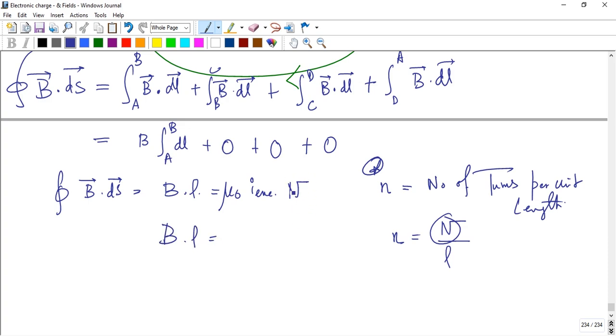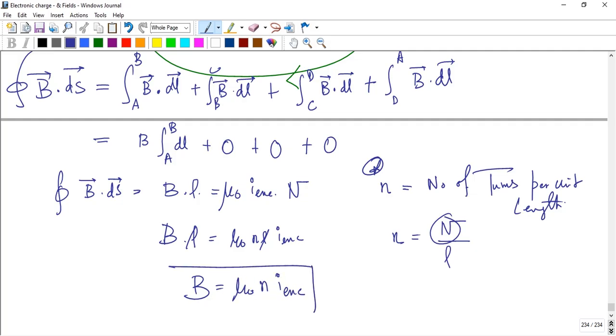Here n is the turns per unit length, so capital N is replaced by small n times L, giving mu 0 n L I enclosed. L cancels, so finally B equals mu 0 n I. That's the final expression of the magnetic field for a solenoid. It is a very important question for the board exam: the derivation of B equals mu 0 n I.